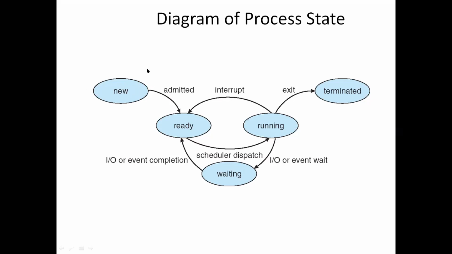Each process may be in any one state: new, ready, waiting, running, or terminated. A process must be in one of its states, and while executing, it will change its state from one state to another.